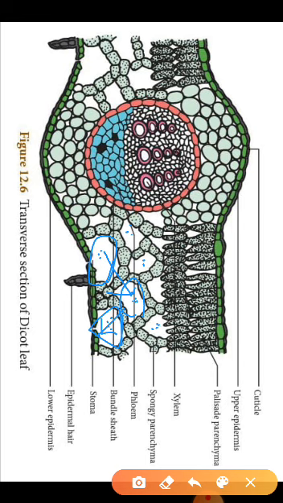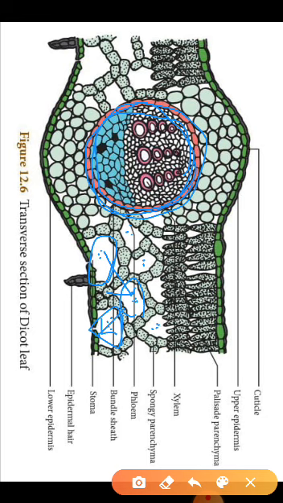Vascular bundles are present in midrib, which means middle. Already said, vascular bundles are present in midrib. Vascular bundles are conjoined, collateral and closed.